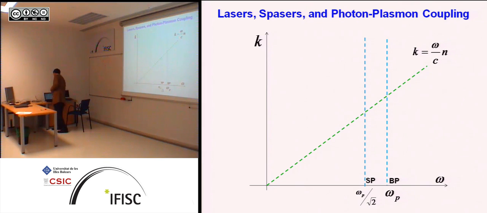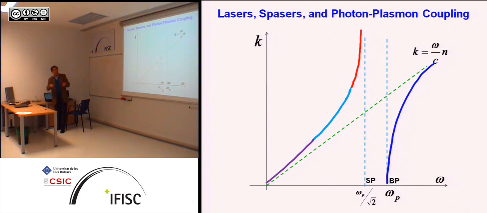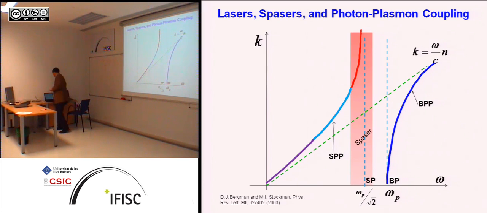In a real waveguide, when you coat the semiconductor with metal, the surface plasma, or the plasma excitation in the metal, couples with the optical propagating modes. When that happens, the curves never actually cross. What you have is an anti-crossing. This is the so-called surface plasmon polariton, and this is the so-called bulk plasma or plasmon polariton.